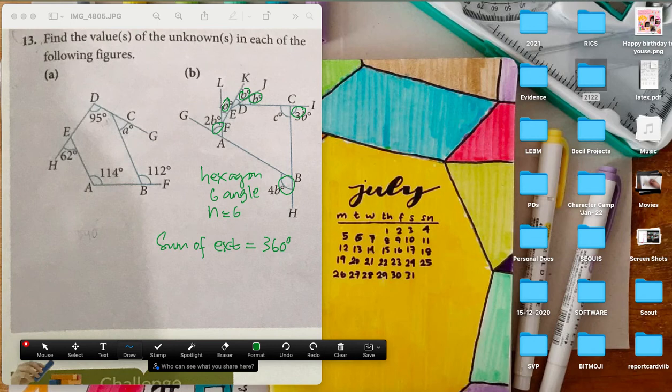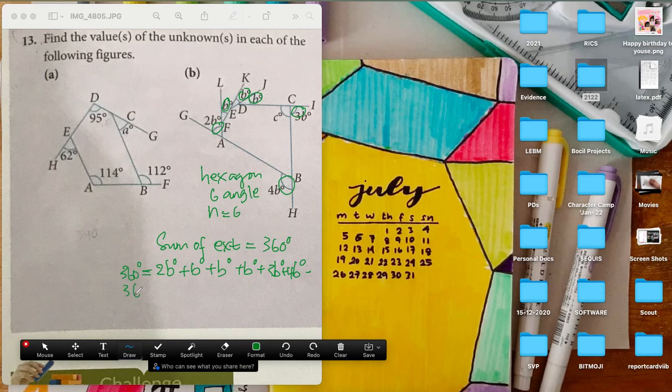Luckily, we've got all B, so then we're having 2B, all in B, right? Plus 3B, plus 4B, plus, that's all, 1, 2, 3, 4, 5, 6, right? And this is equals to, let me just put the equal here, 360 degrees.